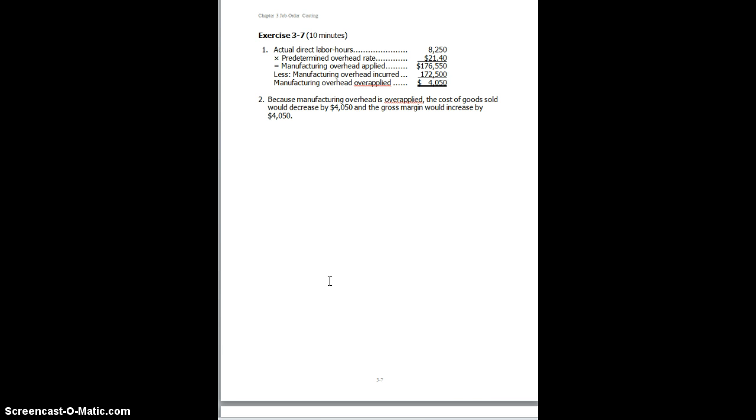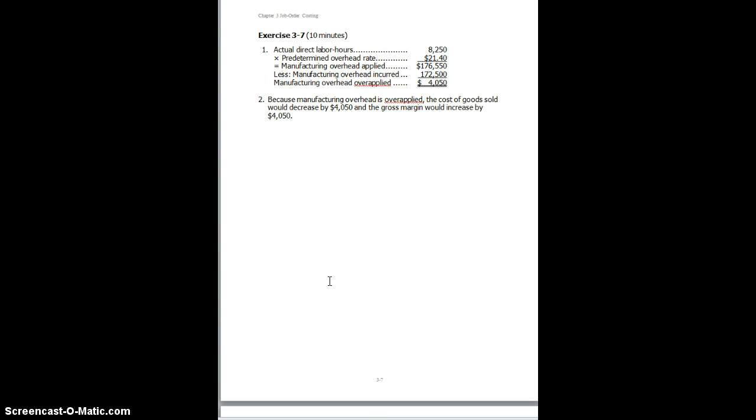For this particular company, during this particular period, there were 8,250 direct labor hours. Each of those hours received $21.40 of overhead. Therefore, the amount of manufacturing overhead applied was $176,550. So the company applied $176,550 of overhead during the year.